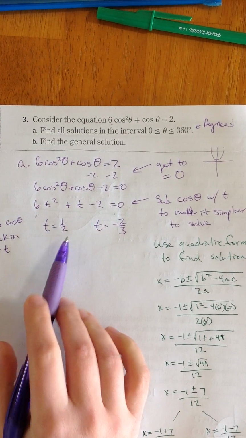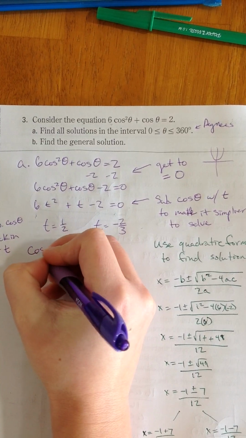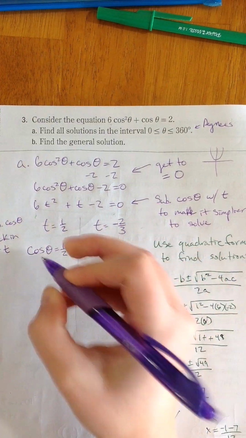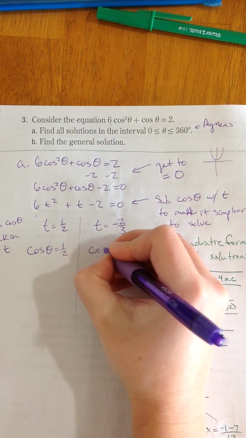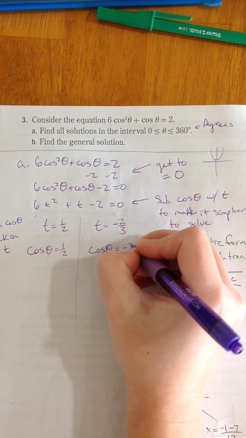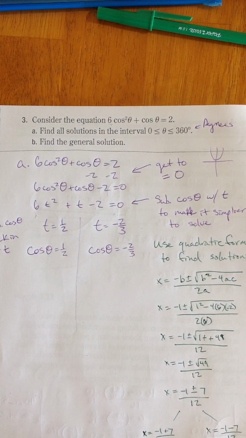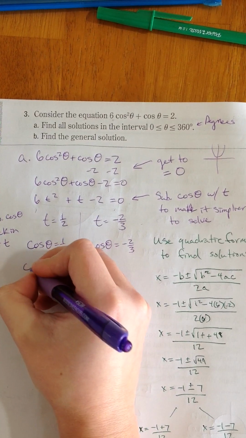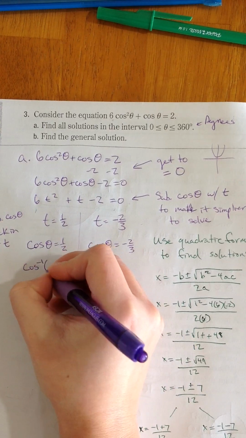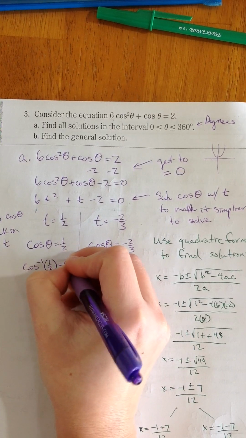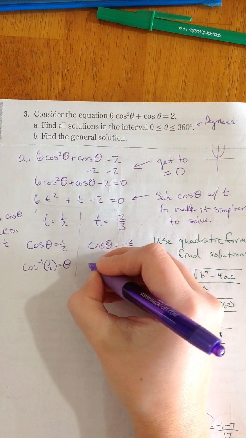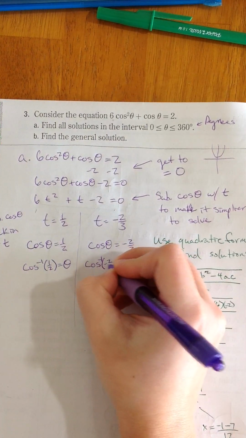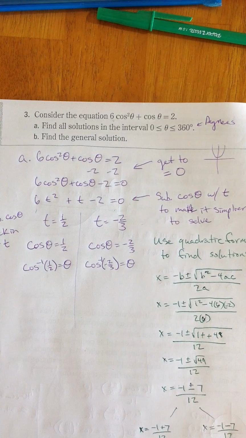So now instead of t equaling a half, we're going to have cosine theta is equal to a half. I'll split this into two sections here. And then we'll also have cosine theta is equal to -2/3. To solve for each of those, we would use inverse cosine. So we'll do inverse cosine of a half to figure out our theta, and same thing here, inverse cosine of -2/3 is equal to theta.